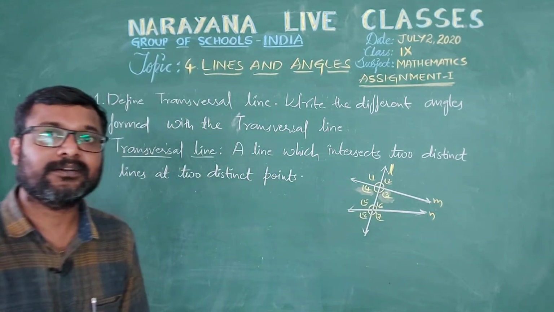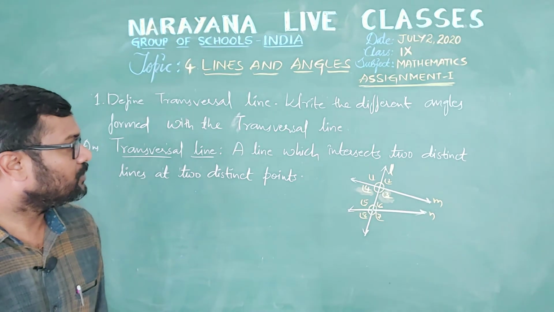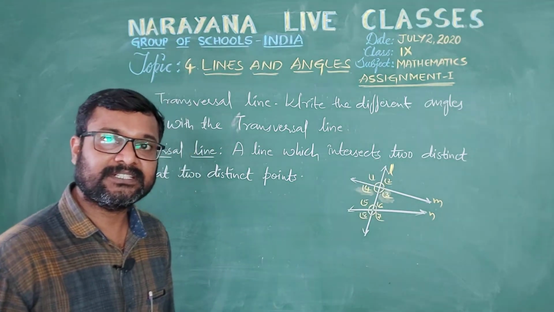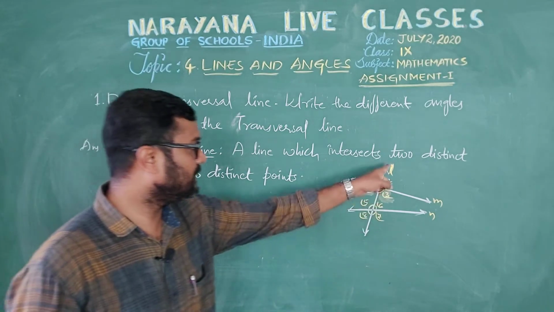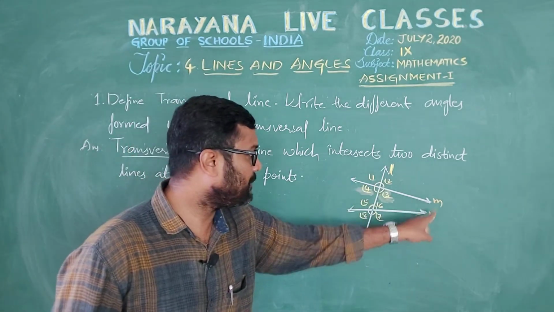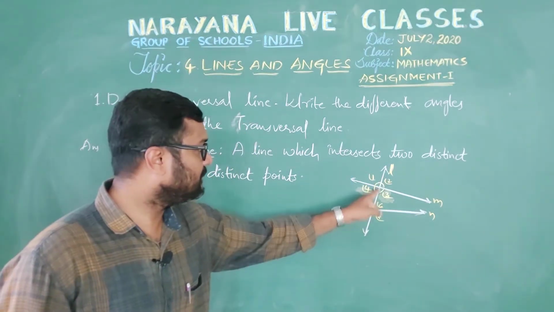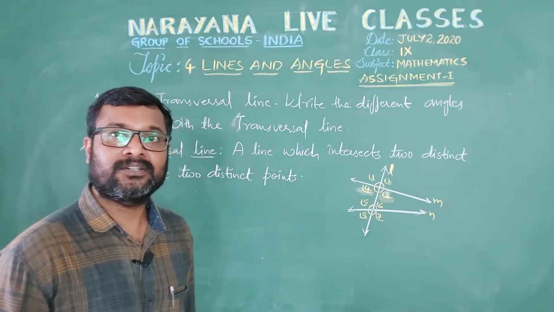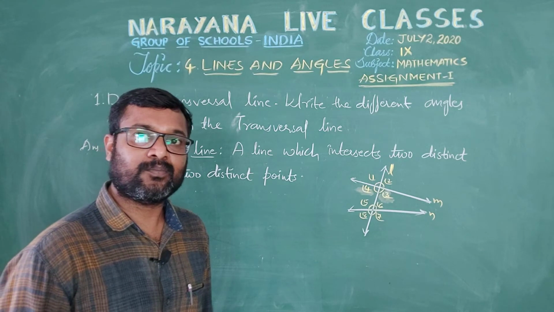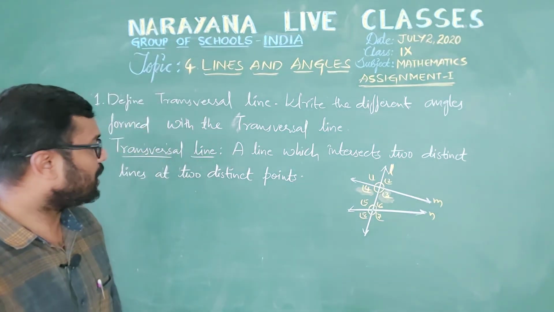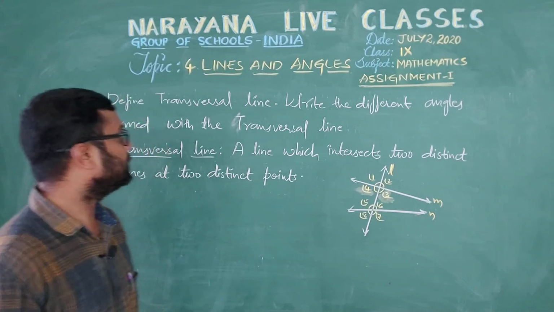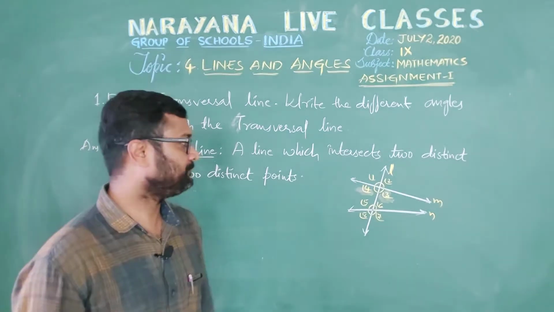This line L we call the transversal line. So, here L is the transversal line, and M, N are the two distinct lines. Now, we will see what are the different angles formed with the transversal line.